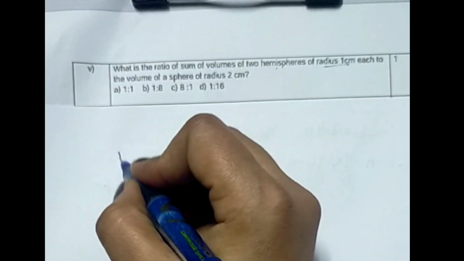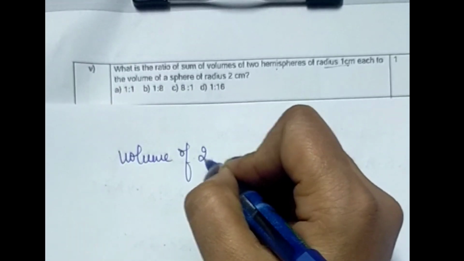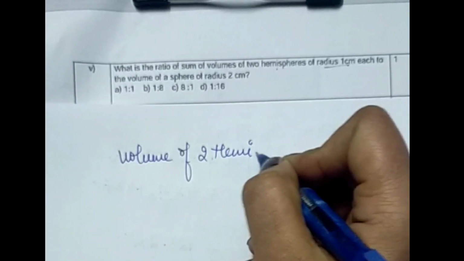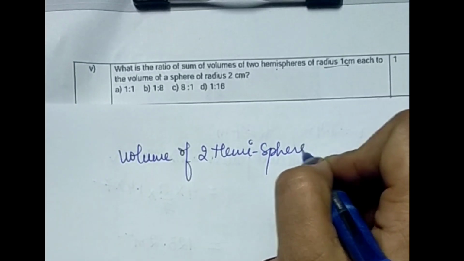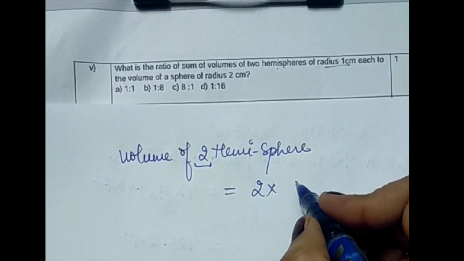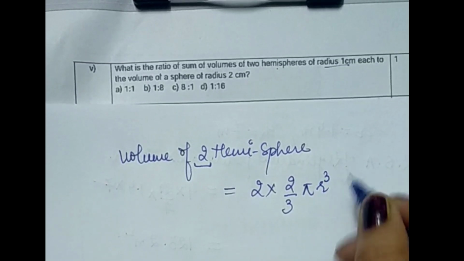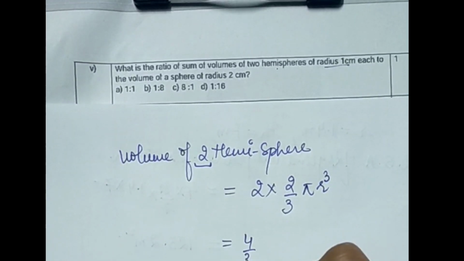So basically volume of 2 hemispheres, 2 into, why 2 into? Because we have taken 2 hemisphere and the volume of hemisphere is 2 by 3 pi r cube. Here r is given to be 1.